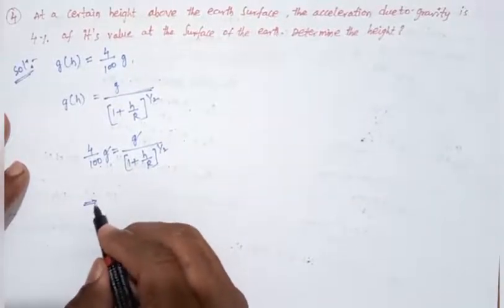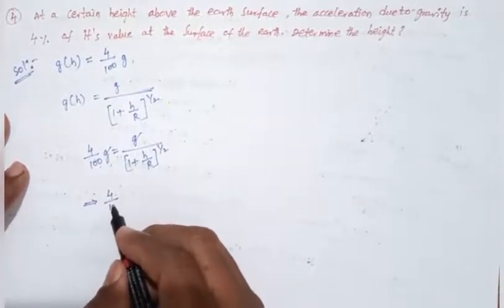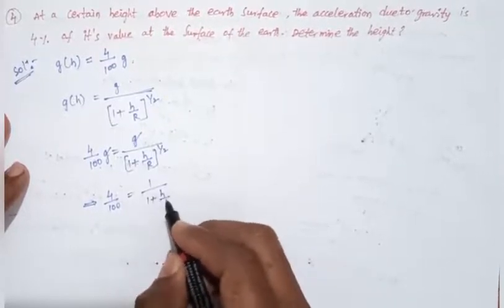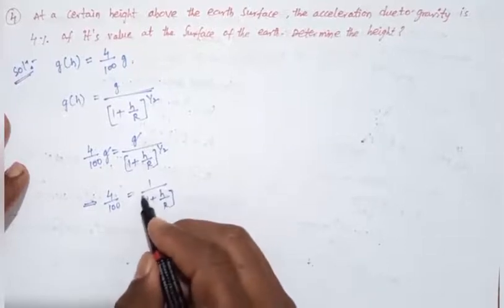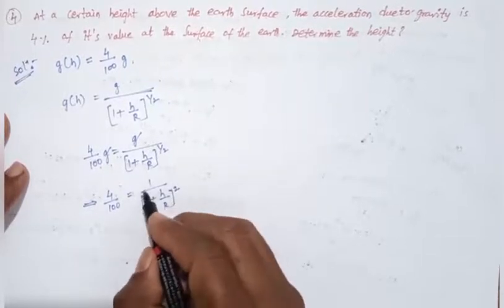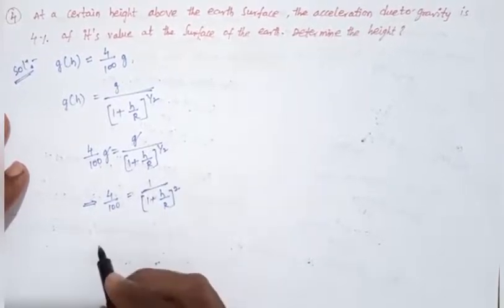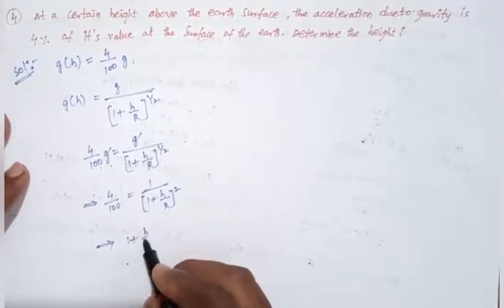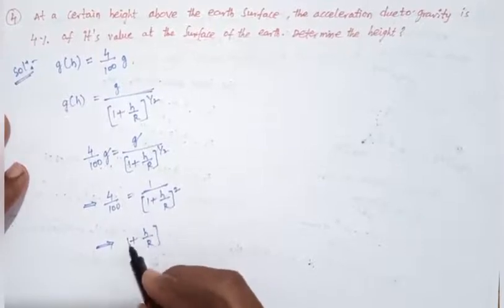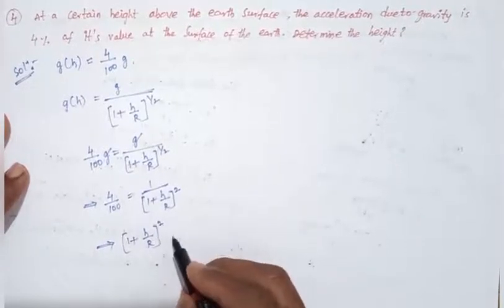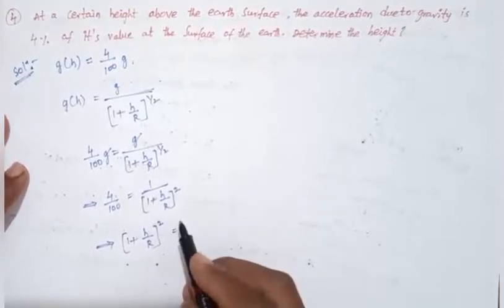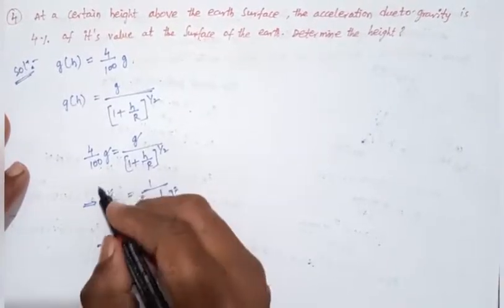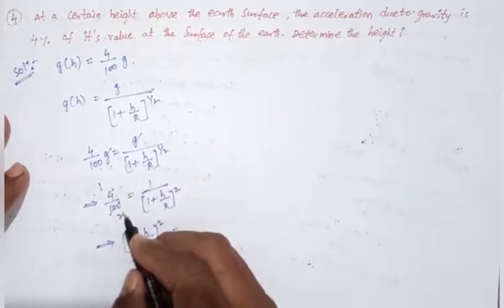So then 4 by 100 equals 1 by (1 plus h by r) whole square. Okay, here (1 plus h by r) whole square equals, so this is 4 ones are 4, 25s.